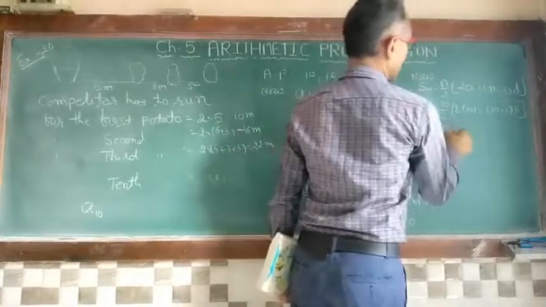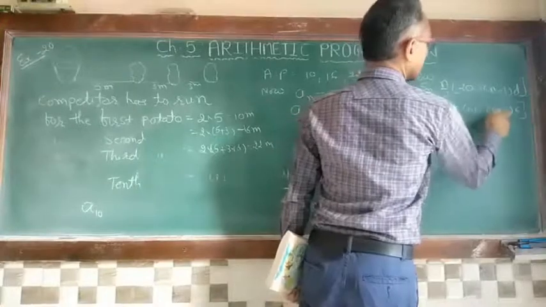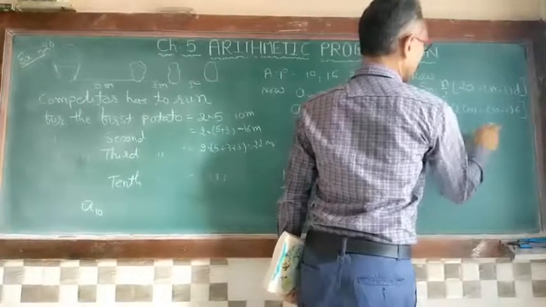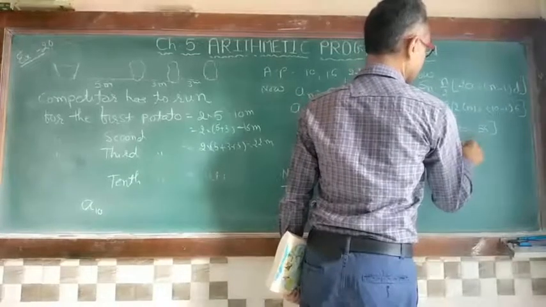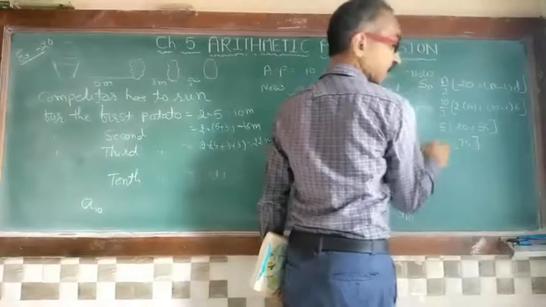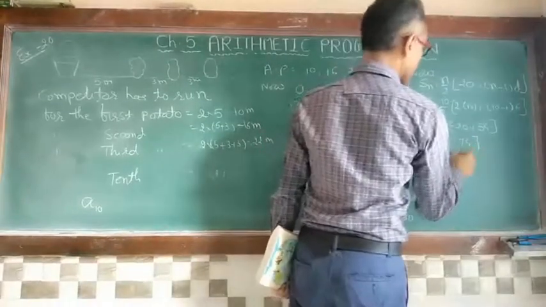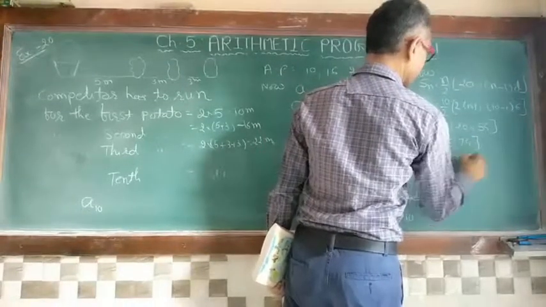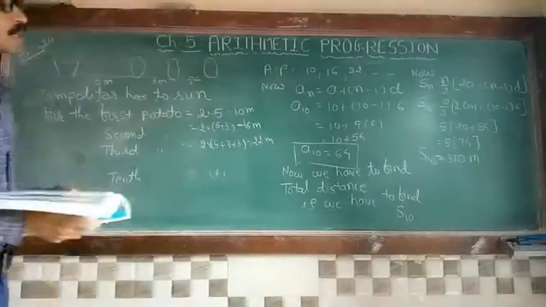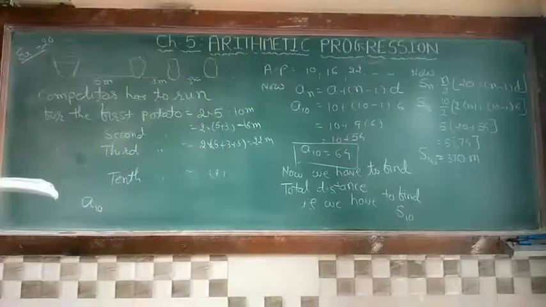So 20 plus 9 sixes are 54, 54 plus 20, that is 74. So S10 is equal to 74 into 5, that is 370 meters. That is the distance covered by the competitor.